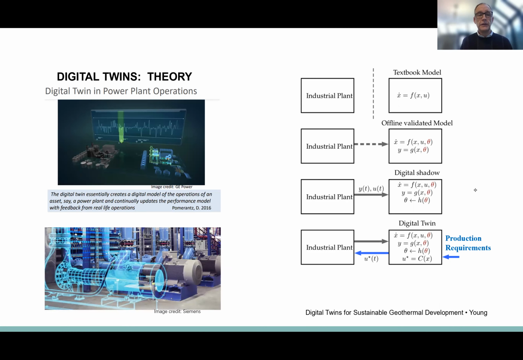So digital twins in theory. I'll be talking about this in my subsequent virtual poster, but digital twin is a relatively new term and has come to mean the application of digital models that are behaving like, looking like, and connected to the real world.